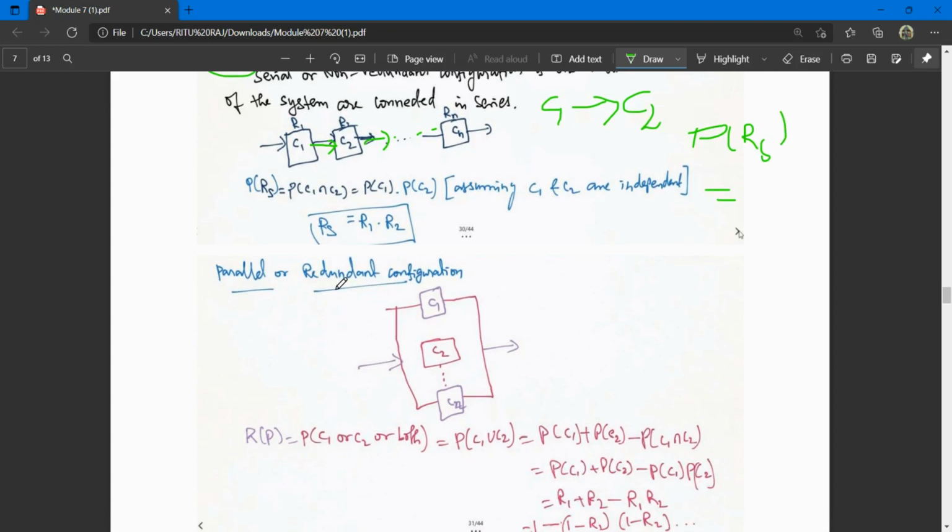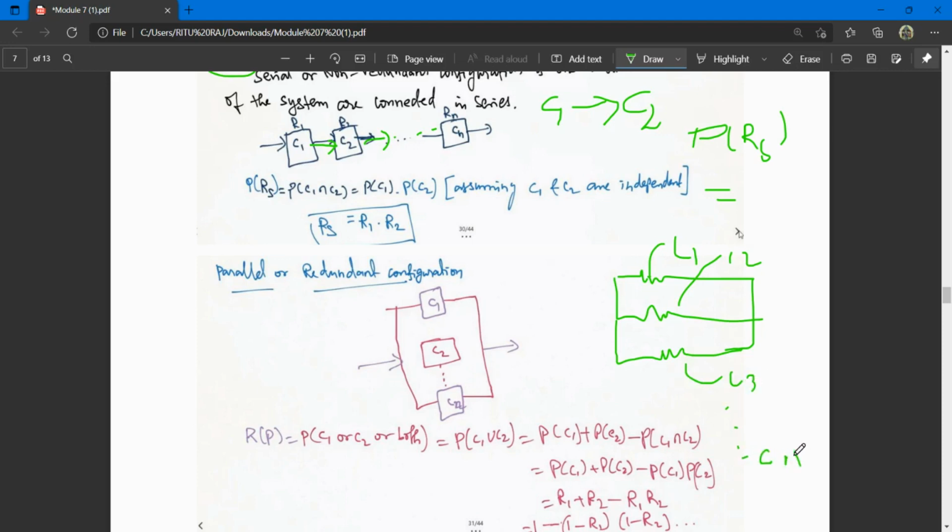Next is parallel or redundant configuration. Just like we connect resistors in parallel, it is also kind of the same. This is configuration C1, this is configuration C2, and this is configuration C3, till Cn you can give.